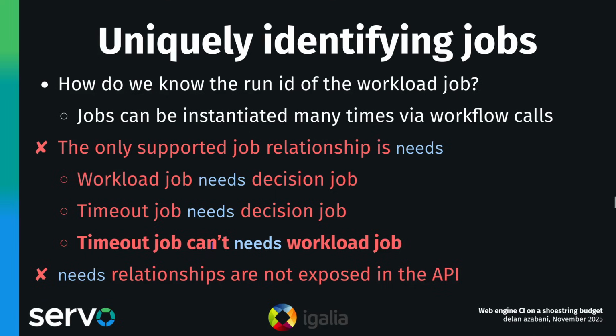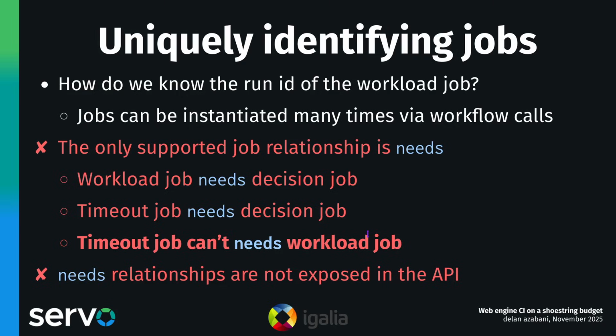because we can say that the workload job needs the decision job. We can say that the timeout job needs the decision job. And in fact, we need to do both of these. But we can't say that the timeout job needs the workload job, because of how needs works.